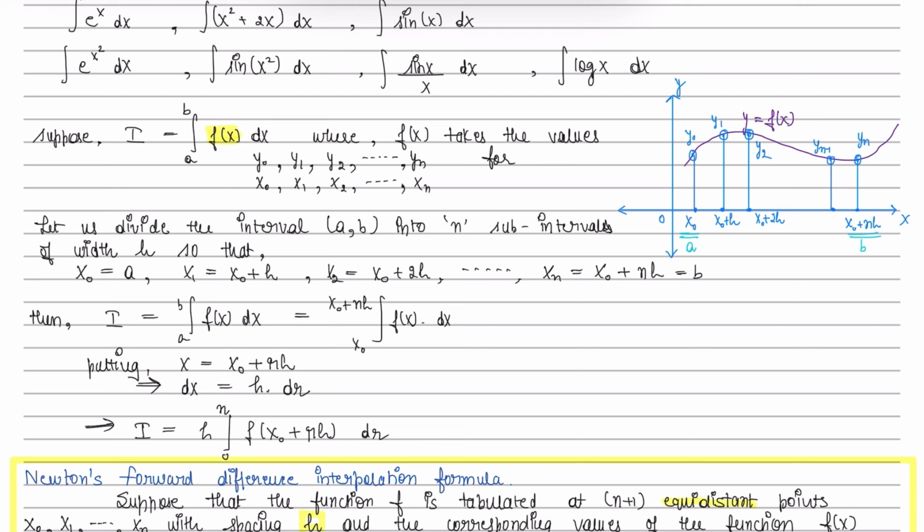So what we did, we break that interval a comma b into n equidistant points and finally came to the equation number 1. Now I will use this Newton's forward interpolation formula to approximate this polynomial.